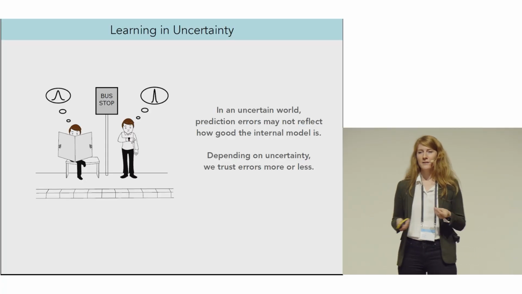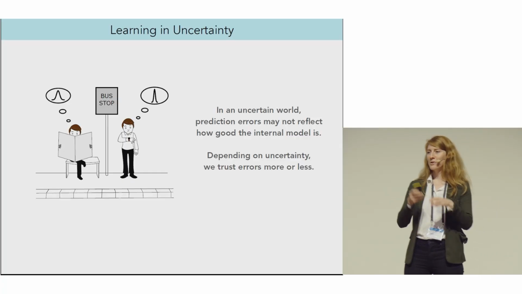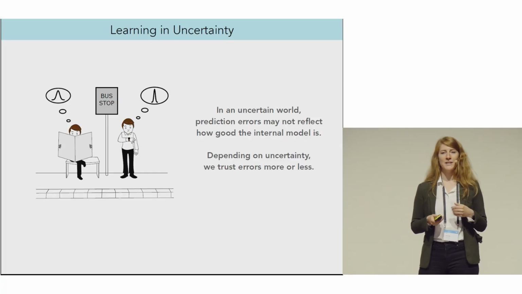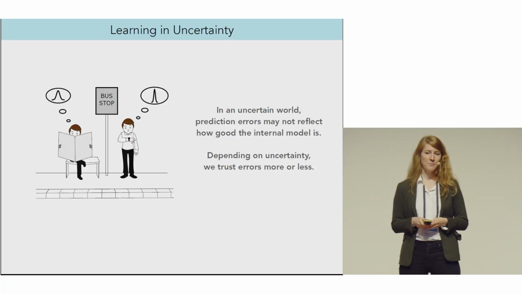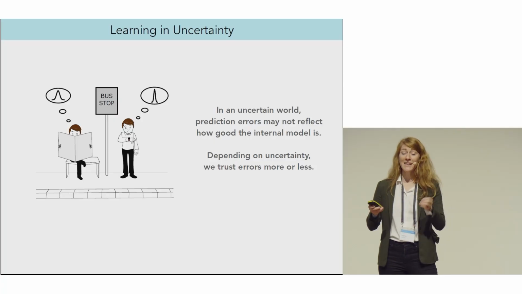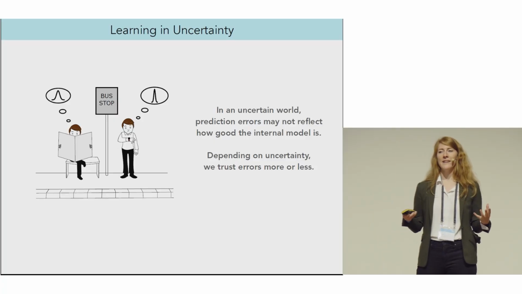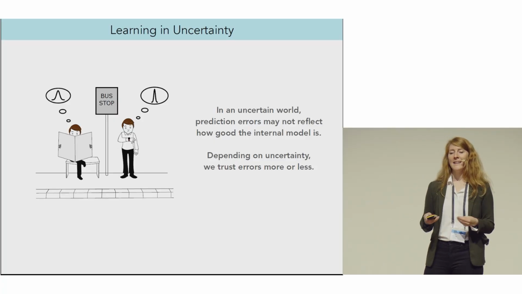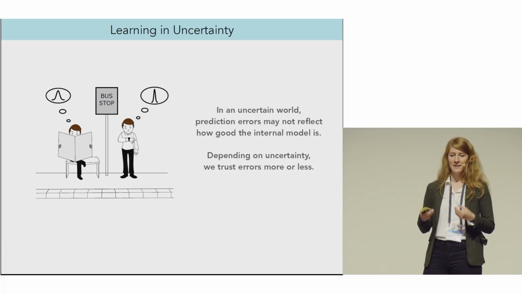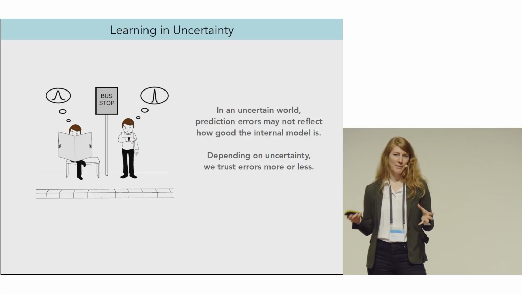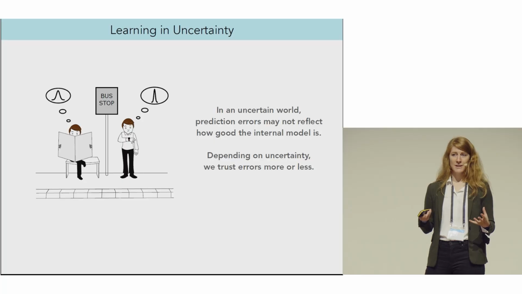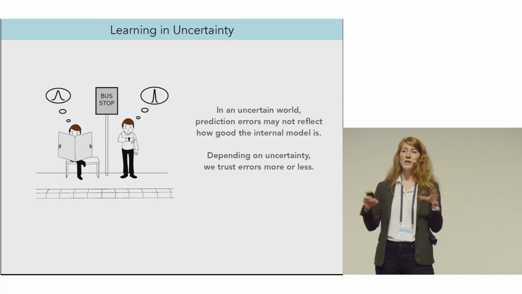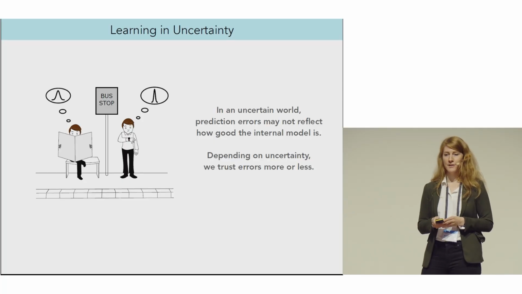Now, if another person, maybe from Switzerland, has a very narrow expectation of the bus arrival times, because buses are quite punctual in Switzerland, then if the bus is late, they might be surprised, might get nervous, but they can learn from this experience. They can update their estimate of the variance. And maybe if they are actually in Switzerland, where the uncertainty is very low of the bus arrival time, this might indicate that the bus schedule changed. So it is important to distinguish meaningful prediction errors that result from a change in the environment from prediction errors that are just the result of noise.